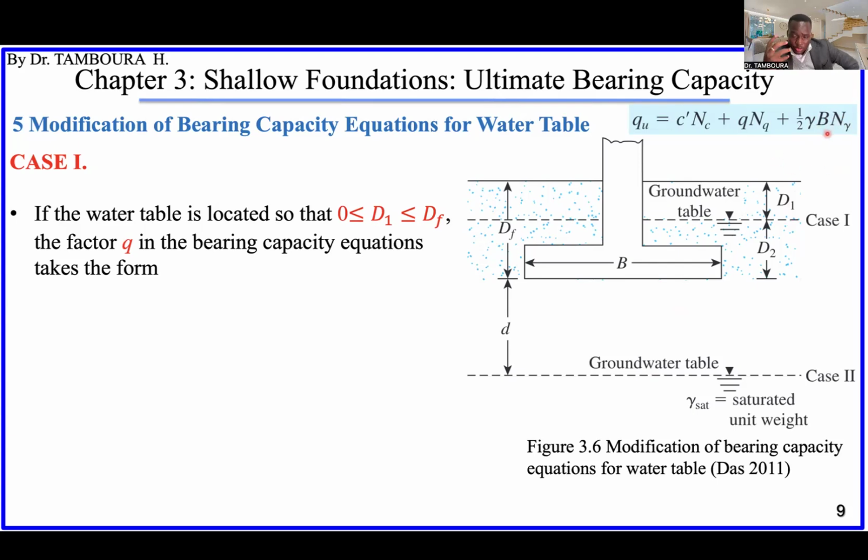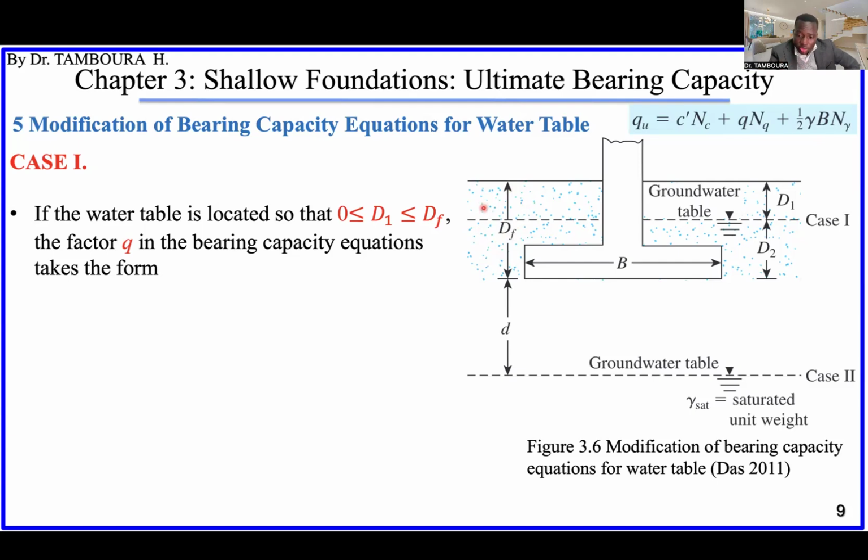This gamma and the N gamma here are the gamma of the soil beneath the foundation. Please remember that. This q, the charge, is just DF multiplied by the gamma of this soil.